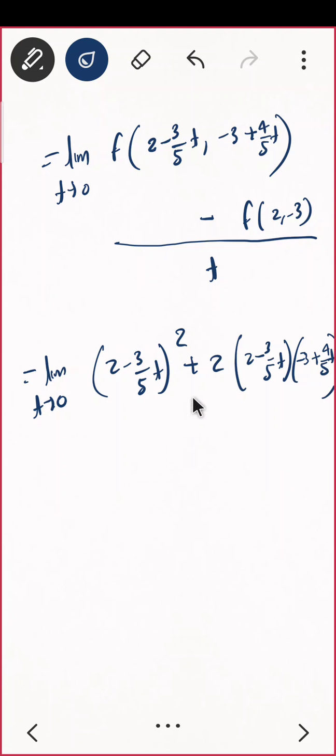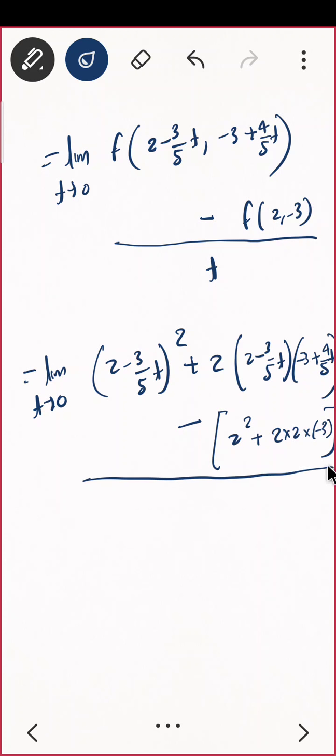And minus f of 2 comma minus 3, it will be 2 square plus 2xy, so 2 into 2 into minus 3. Just quickly do that, that is just a calculation.